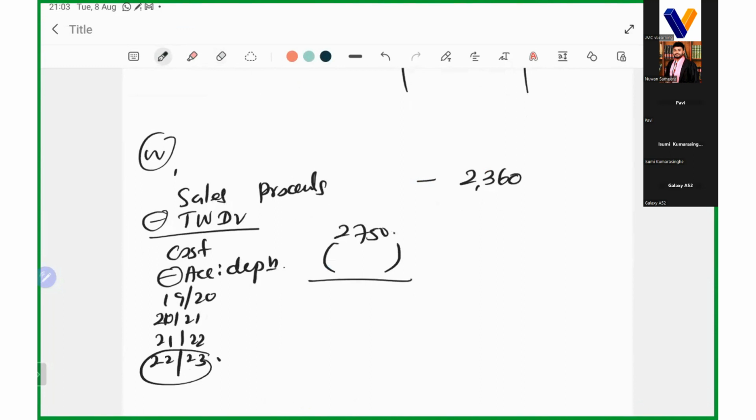Now you know, in the disposal year you are not able to get the capital allowance. How many years? Only 3 years. Right? So 2,750 into 20% into 3 years. How much? 1,650.